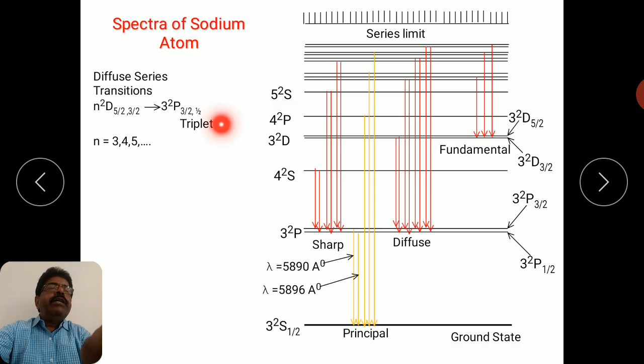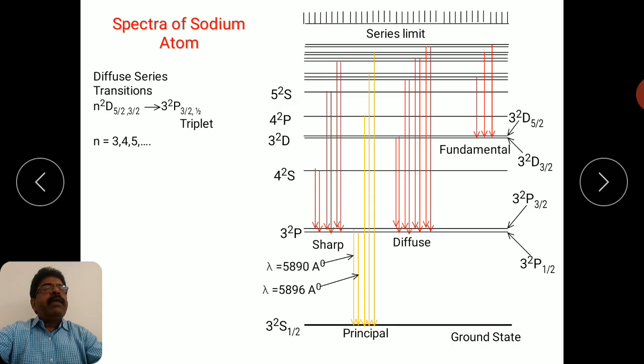Both this 3D and 3P have two levels. You can see two horizontal lines very adjacent to each other, and two in the other, so there are four possible combinations for the transition.